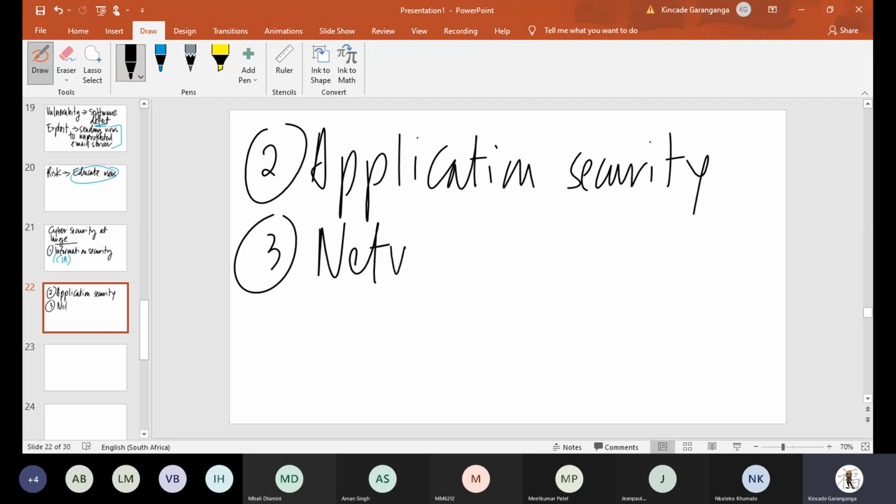Then you can discuss network security. When you're discussing network security, this is just ensuring protection of the organization's networks, so that we don't have any unauthorized access. This is when you incorporate things like intrusion detection systems and intrusion prevention systems, to ensure that your environments are ultimately secure.